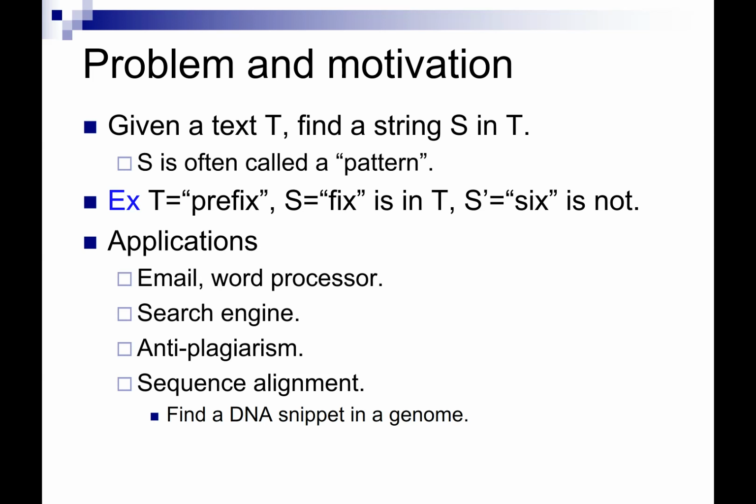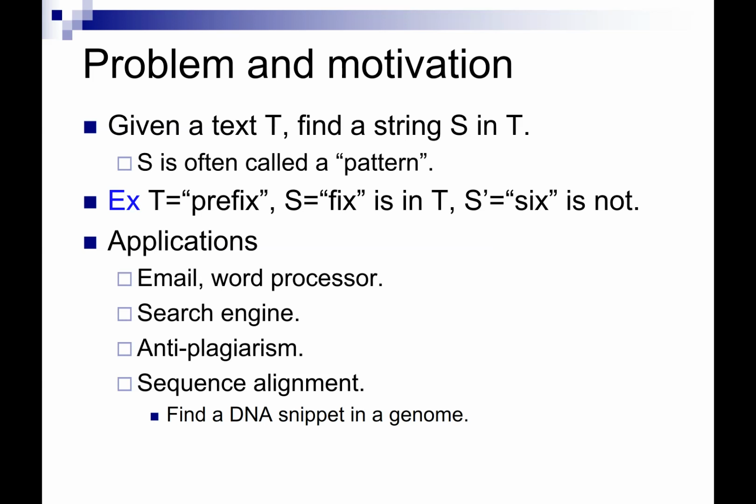To compare them, one thing you can do is take a short snippet from one genome and see where that snippet occurs in the other genome. If it occurs somewhere in the other genome, then that gives you a starting place where you can try to align the two genomes.